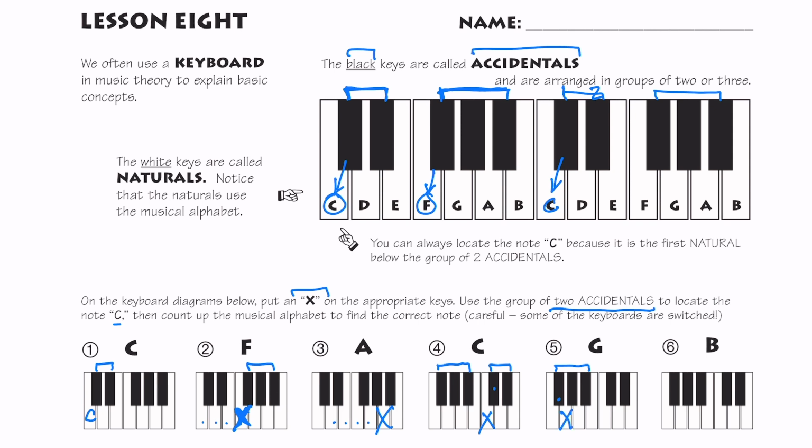If you have to go from C, you could work your way down the musical alphabet, C, B, A, G, or you can go up from your F, G. All right? Same thing with, if this is my group of 2 accidentals and this is my C, then B would be 1 note below C, because it's 1 note in the musical alphabet below C. All right, or you can count up from F, F, G, A, B.